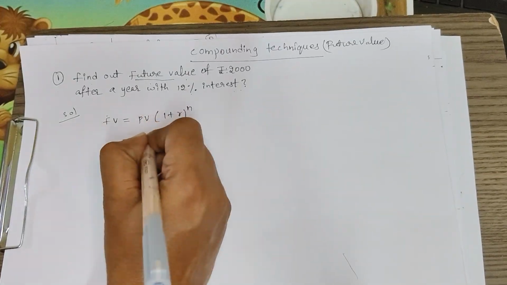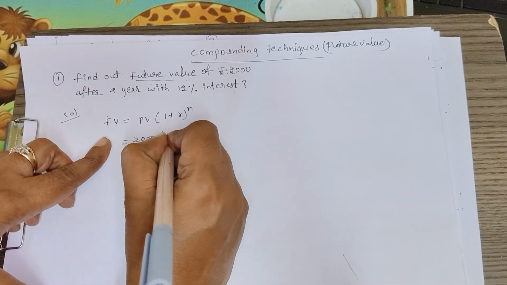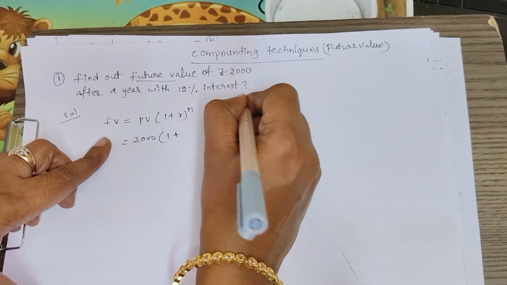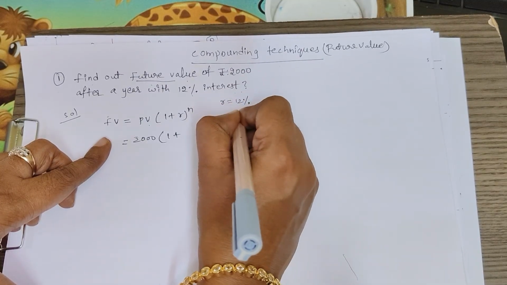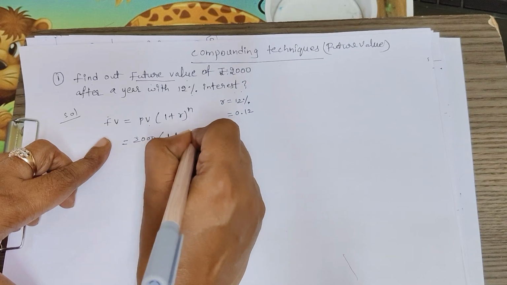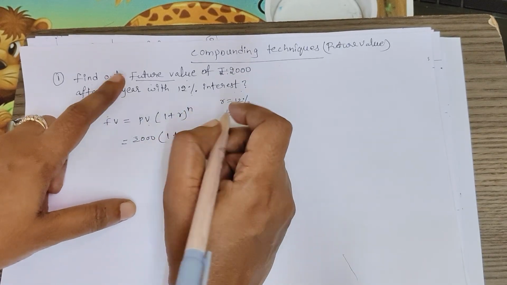So future value is equals to present value. What is the present value? 2000 into 1 plus R. R is equals to 12%, which will be converted into decimals, so 0.12, to the power of n. How many years are there? A year means 1 year.